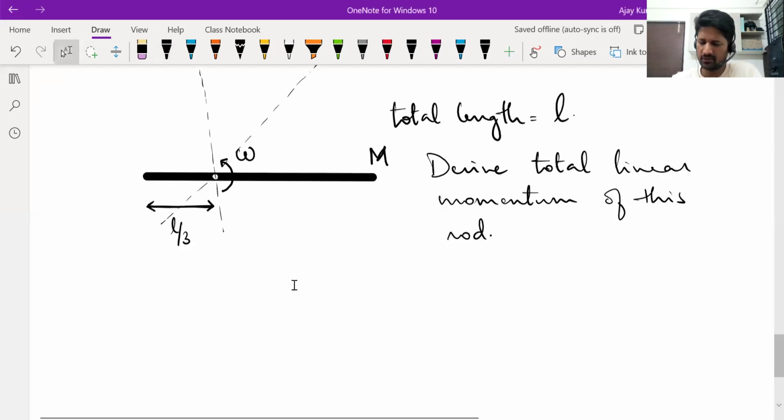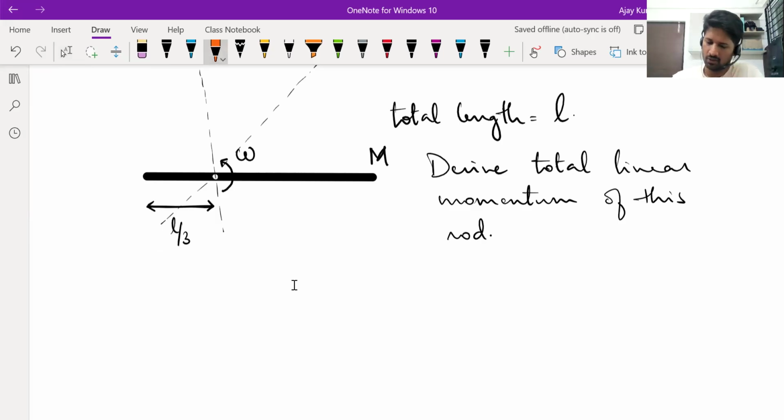Fine. Rishi, you tell me, what kind of motion is this rod executing? Translation or rotation? Rotation, sir. Okay. And irrespective of whether it is translation or rotation, how can you always express the total momentum of a system? What is the general formula for total linear momentum of a system?